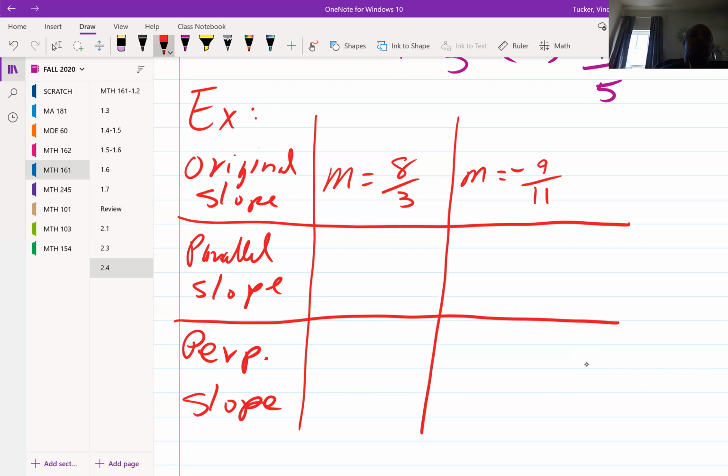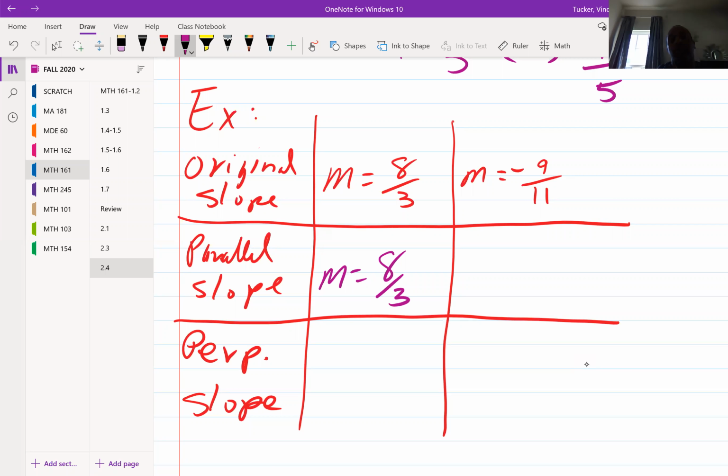All right, so just making sure we're okay with the concept of the slope of a line that's parallel to another line and perpendicular to another line, and what the slopes would have to be. So if my original slope is 8 over 3, and I want a line that's parallel to that, the slope would have to be 8 over 3.